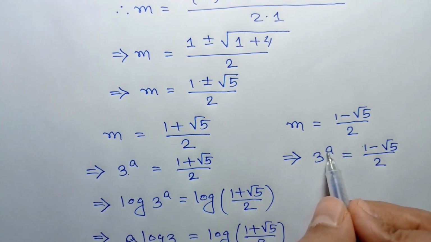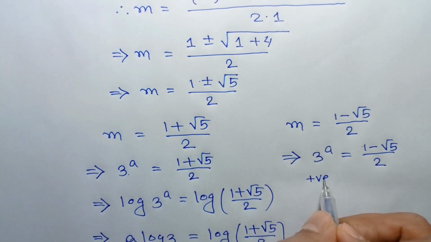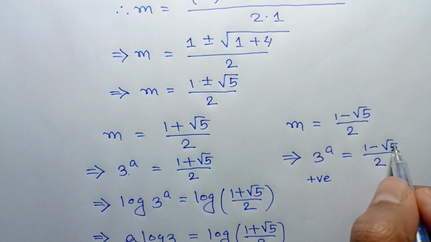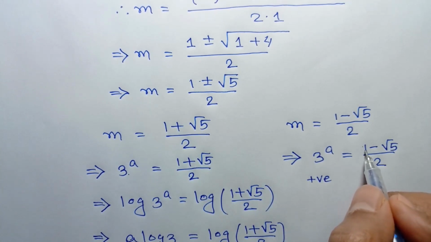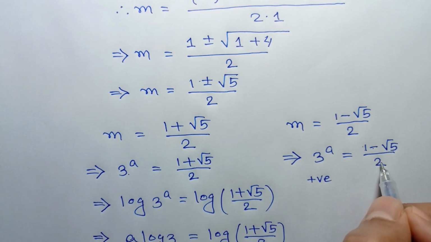The power of a positive number is always positive, but square root of 5 is greater than 1, so 1 minus square root of 5 is negative, so (1 minus square root of 5) over 2 is also negative.